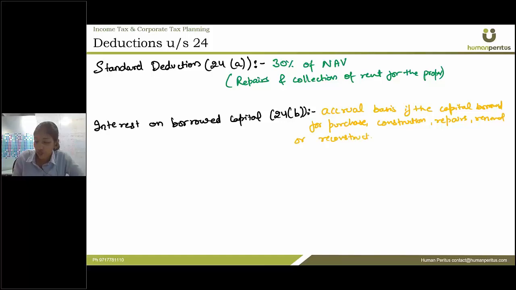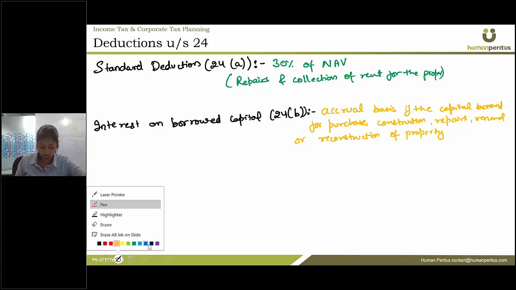So if the capital is borrowed for the following purposes, that is purchase, construction, repairs, renewal or reconstruction of the property, and he has to pay interest on that borrowed capital, then he can claim deduction.